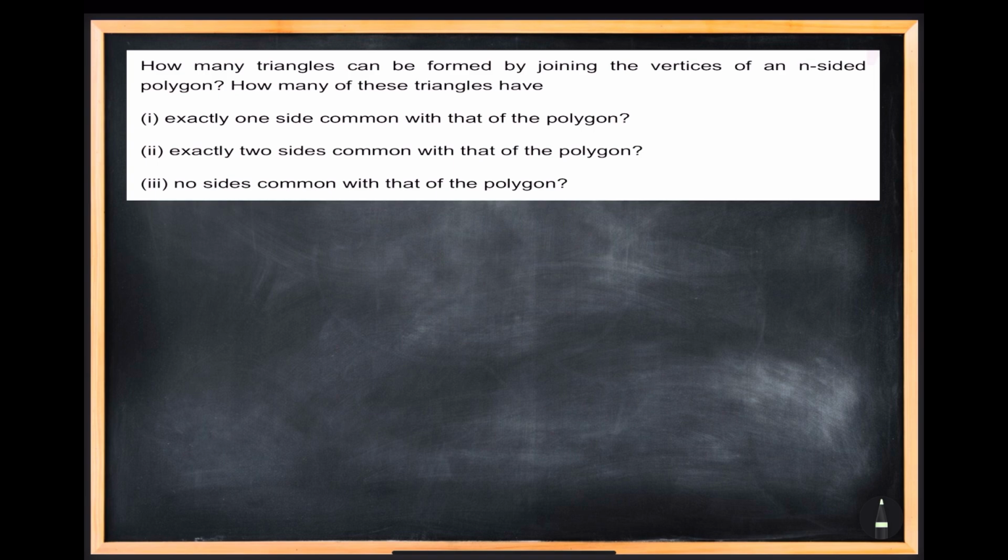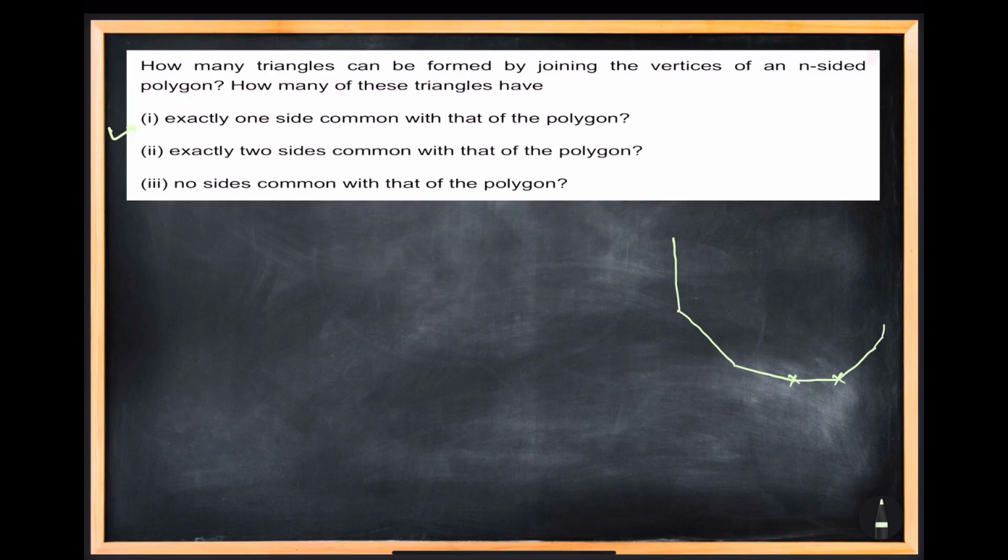First, let's handle the first case, in which we have to count the number of triangles which will have exactly one side in common. If I ask you to find the number of triangles directly, you can answer, sir, it is nC3, na?